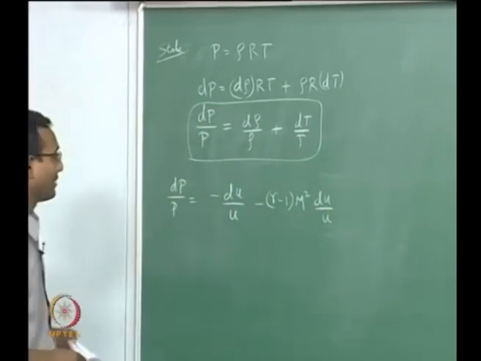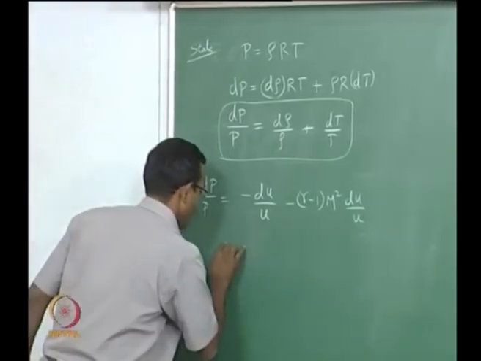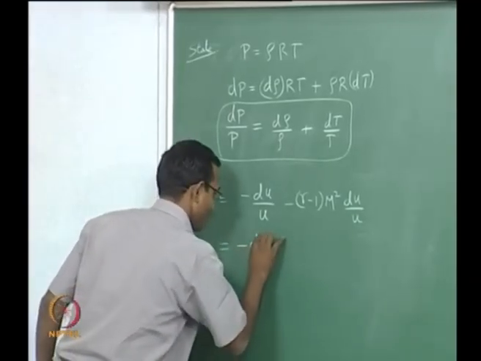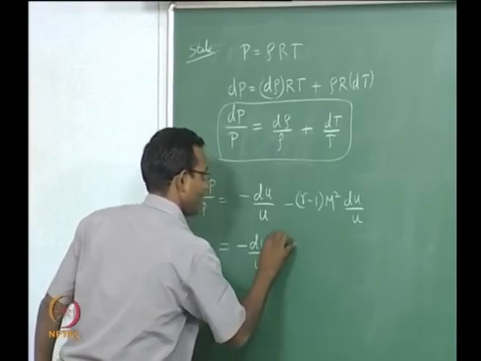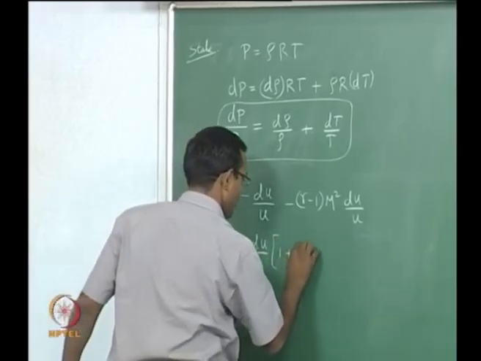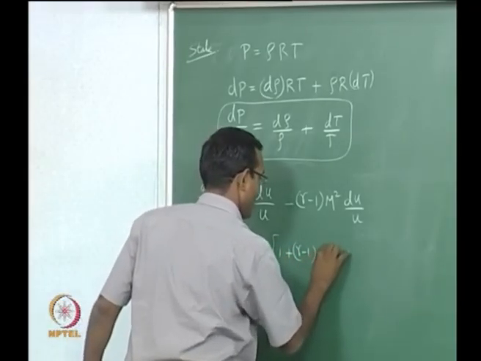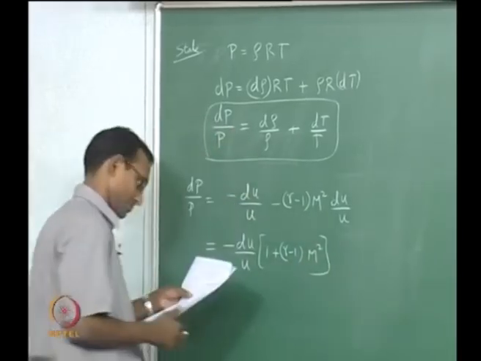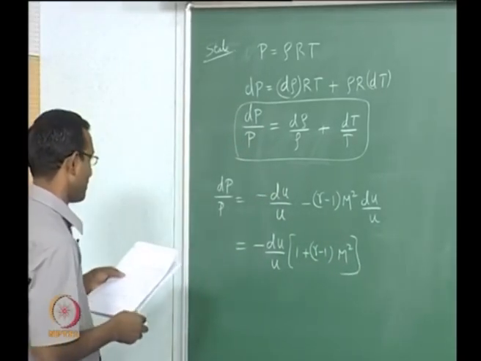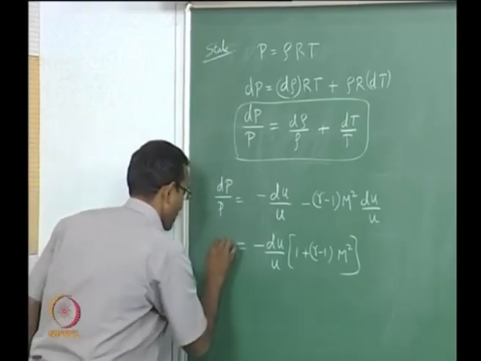Okay. This is the expression I finally get. So I will pull out du by u common, minus du by u common. I will have 1 plus gamma minus 1 M square. Okay. That is the expression I have. This is dP by P.